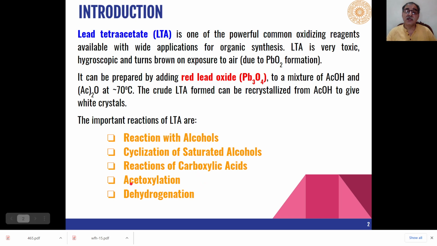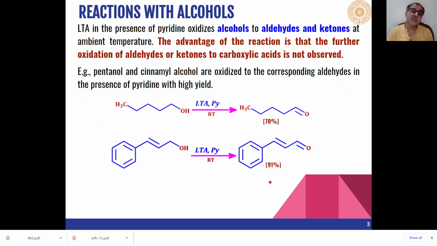Then lead tetraacetate can also lead to acetoxylation of different types of organic compounds, and it can also undertake dehydrogenation of different types of organic compounds. So first is reactions with alcohols.